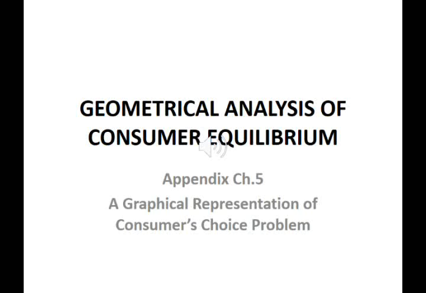So previously we have looked at the consumer equilibrium, what was called the equimarginal principle, which was this equation equating the marginal utility of x divided by the price of x to the marginal utility of y divided by the price of y, and so on for all the goods that the consumer will be consuming, and this should be equal to the marginal utility of income. Okay, but we took it as it is.